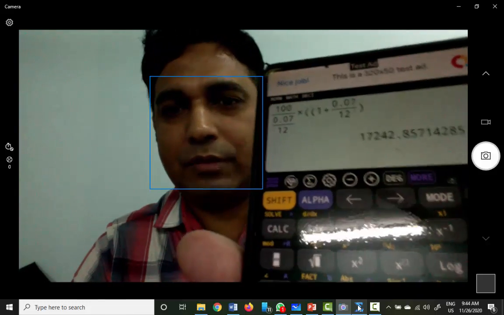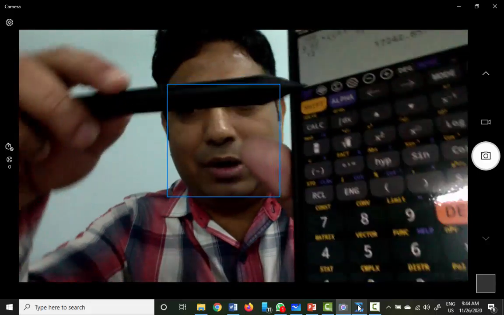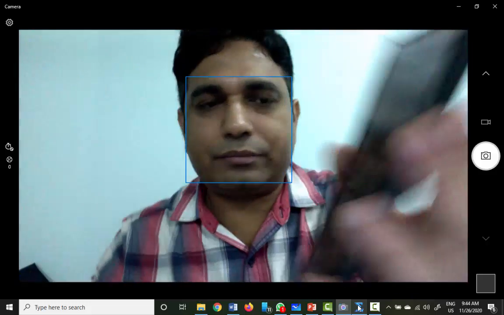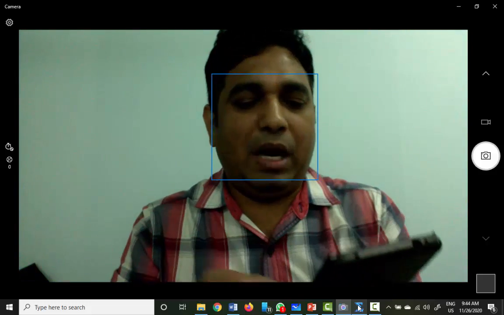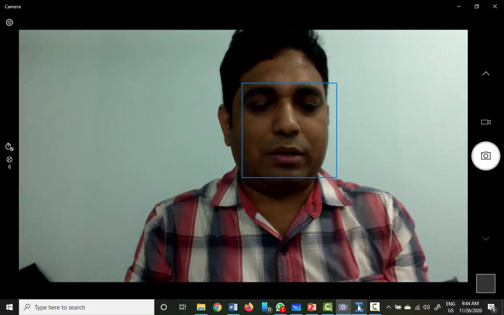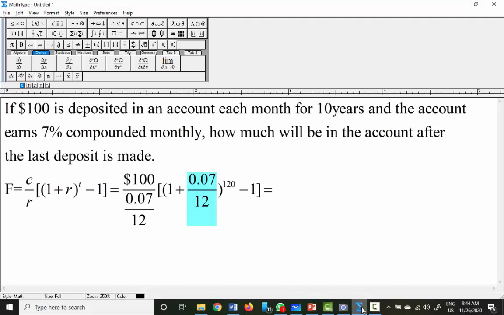Bracket close, and then the power button. Power 120 minus 1, bracket close.